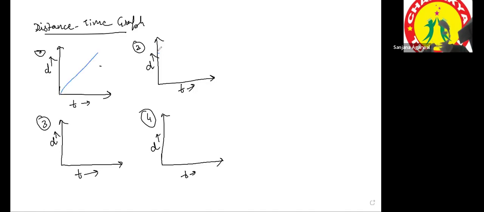Second is, third one is, so read the graphs first of all and tell me something about them. What kind of motion are they depicting?